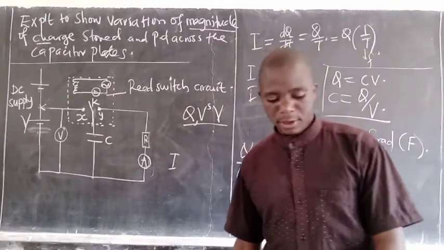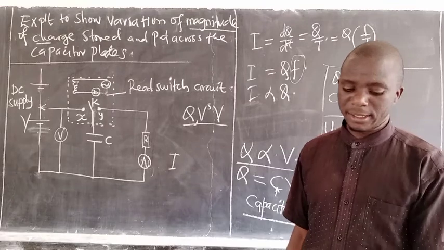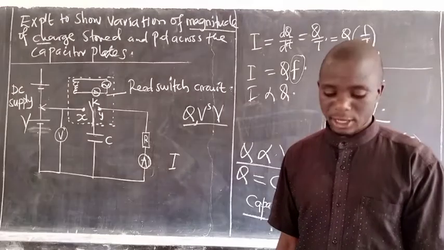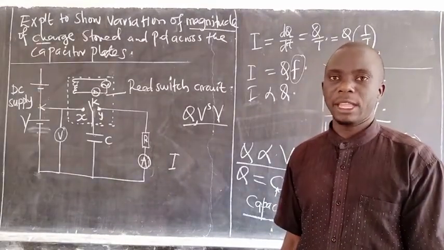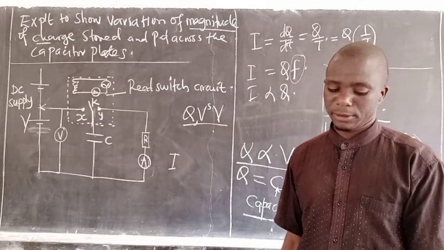This shows that the charge Q stored by the capacitor increases with the PD across the capacitor plates.